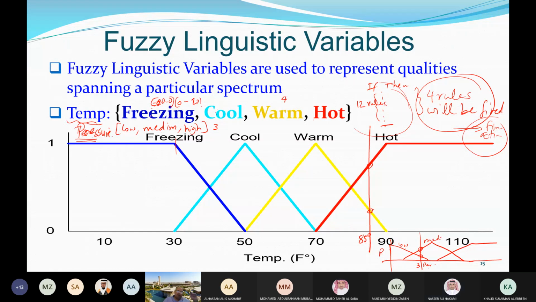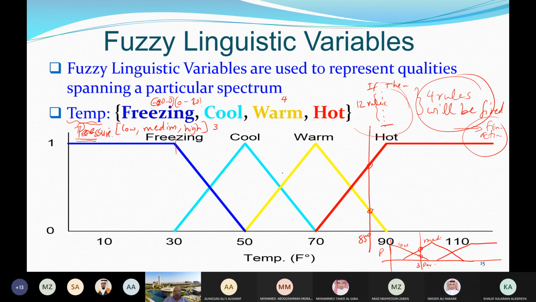So if you have 4 values here, and 3 values for this variable, how many rules can we build here? Each value of this could be with low or medium or high.